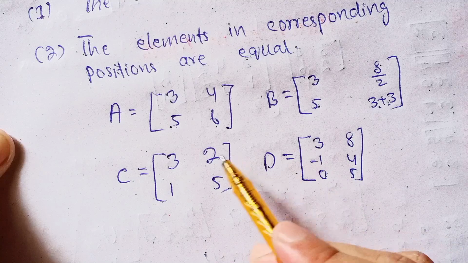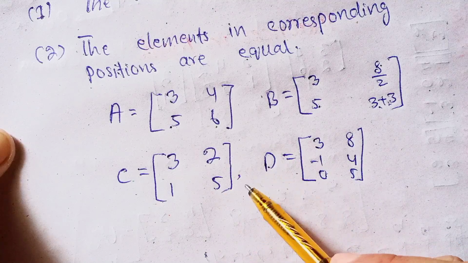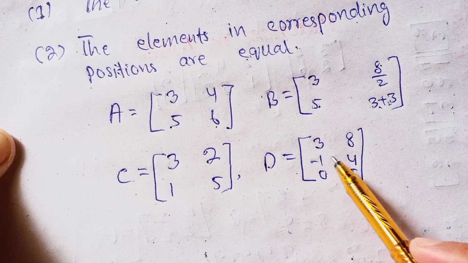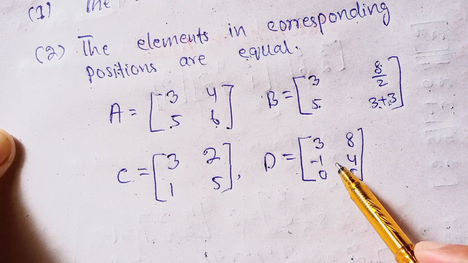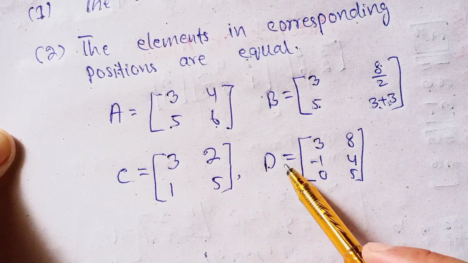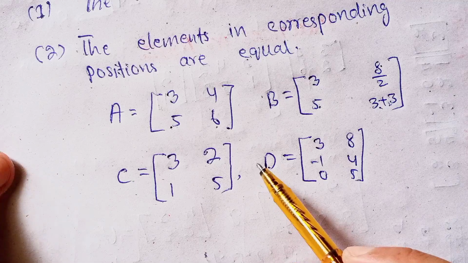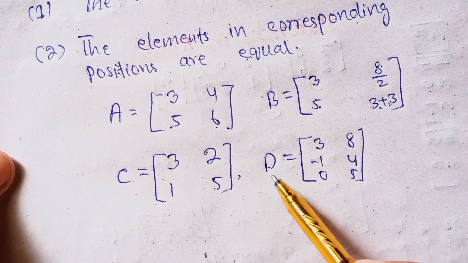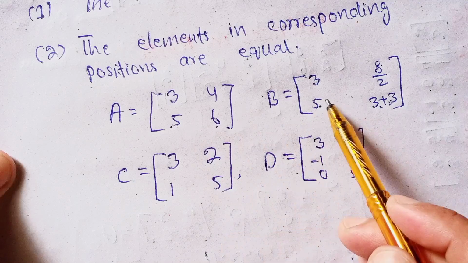So if we look at these two matrices, then they don't have the same order because there are 2 rows and 2 columns, and there are 3 rows and 2 columns. So the order of these matrices are not the same, and elements in the corresponding position are also not the same. So that is why these two matrices are not equal and these two matrices are equal.